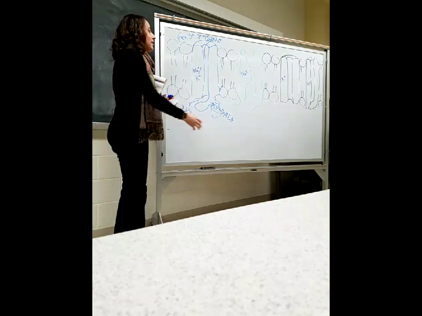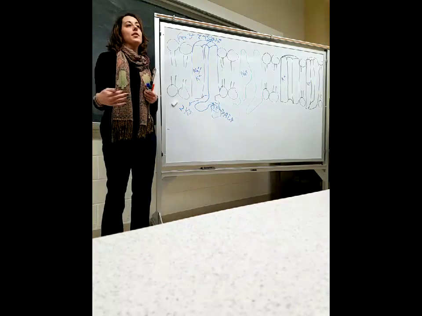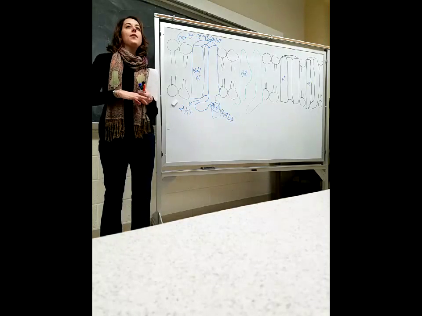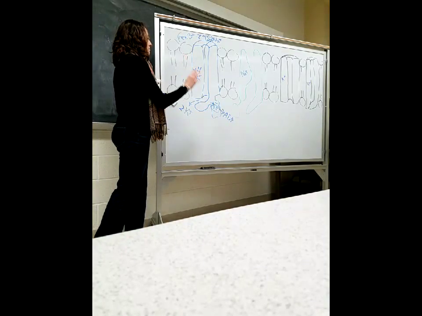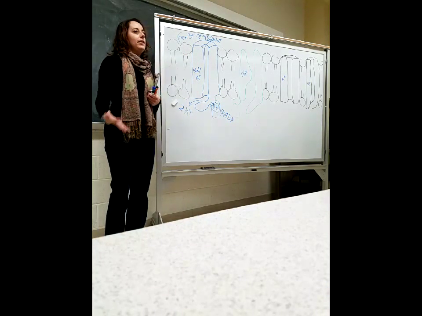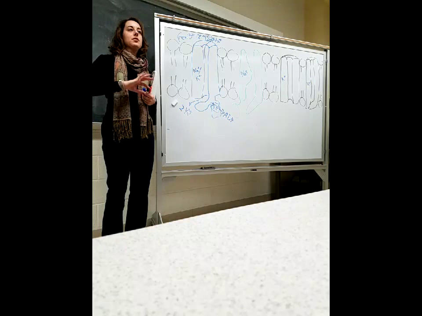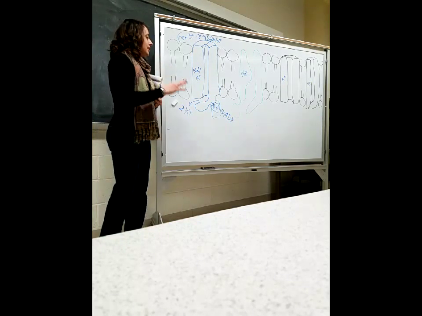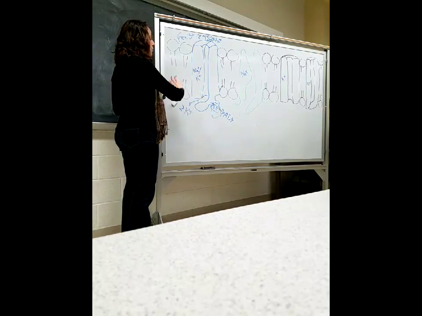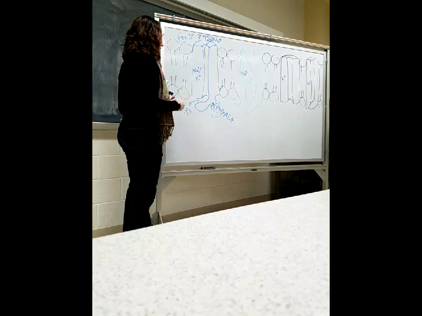So we might say that the sodium-potassium pump is making the inside of the cell more negative, but I think a more accurate way to say it would be to say that it's making the inside of the cell less positive, because it's only moving positive ions, but it is removing 3, and bringing in 2.